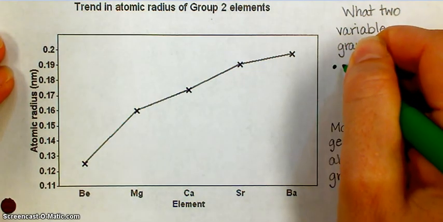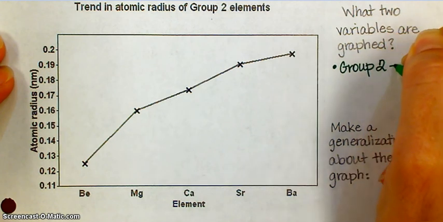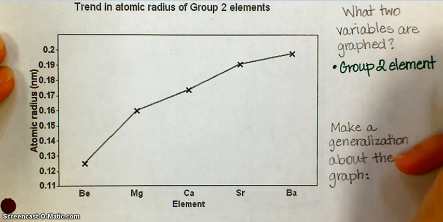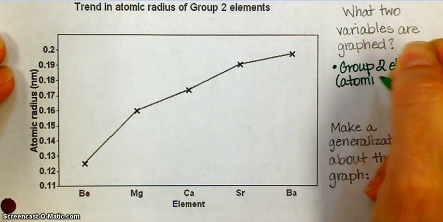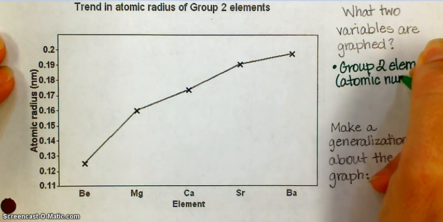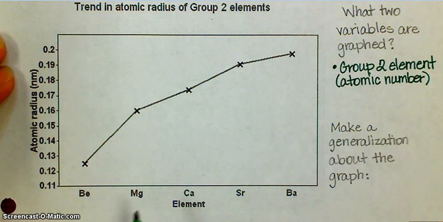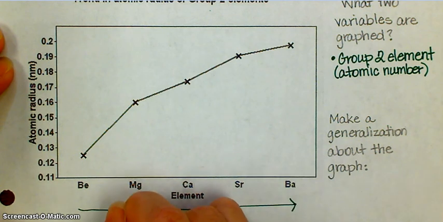So one of them is your group 2 elements by atomic number. And also down here, just for clarification, I'm going to draw an arrow and put increasing atomic number.